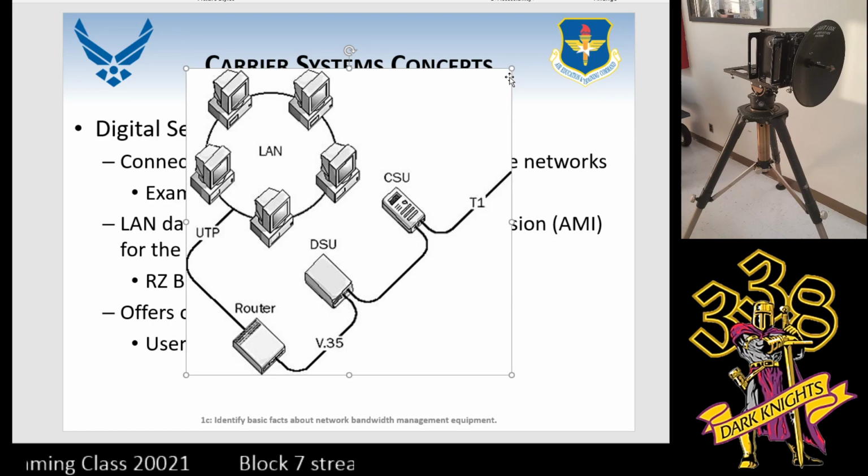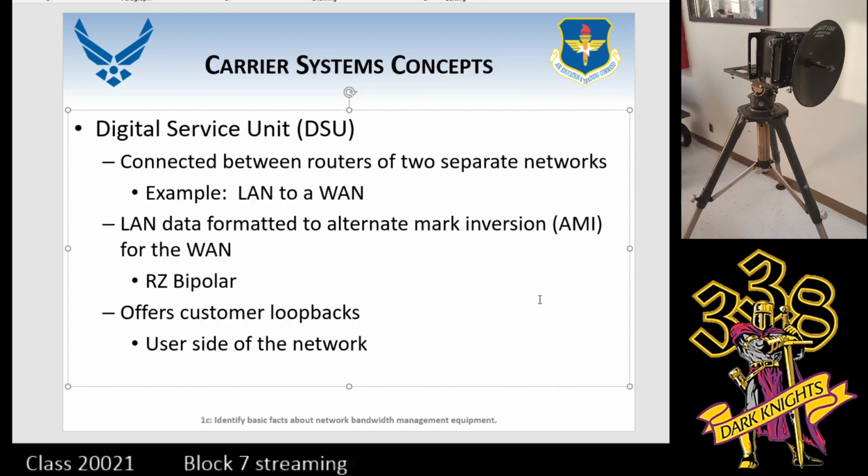So let me undo this real quick, and just briefly go over the digital service unit. You can see it connects between the routers of two separate networks. That's what you just saw, the DSU is on the opposite side there.